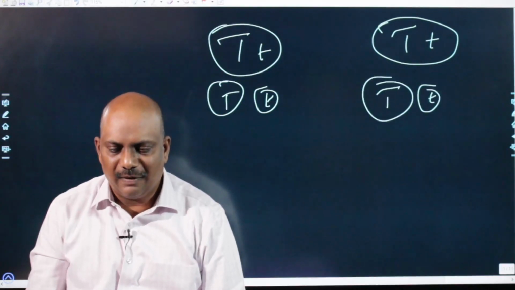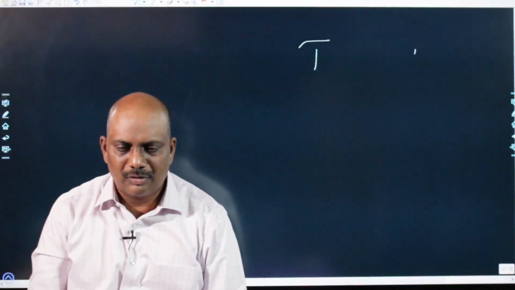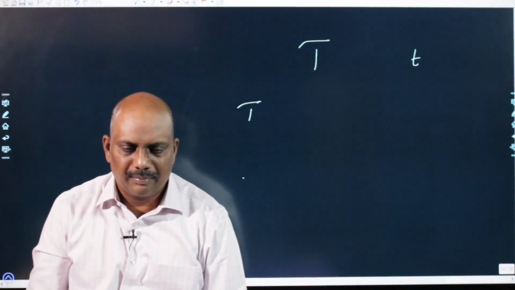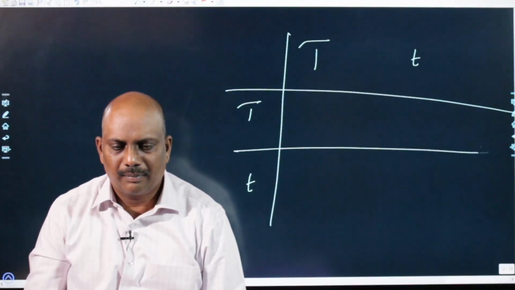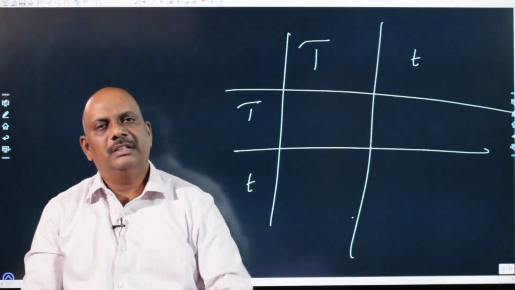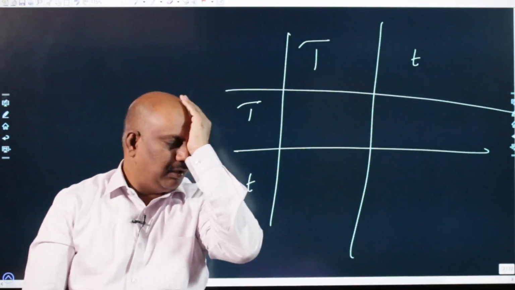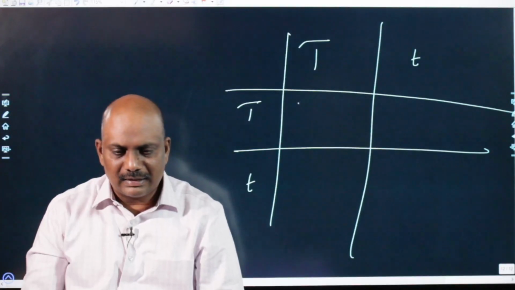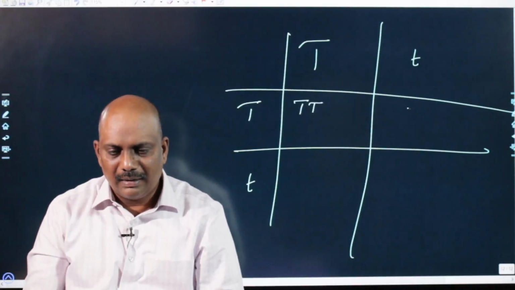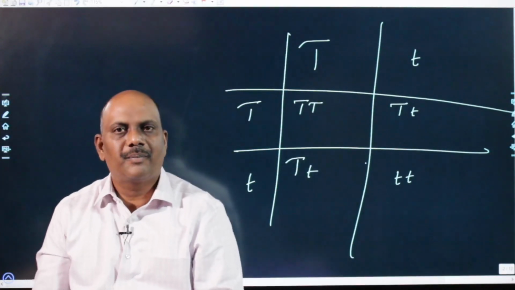As a result, he got a discrete combination, big T, small t. When he crossed it, there is a random chance for all the genes to combine. So the chances are big T big T, big T small t, big T small t, small t small t.